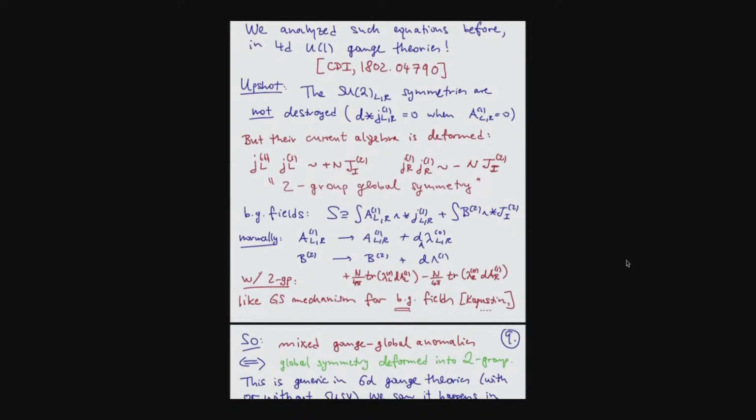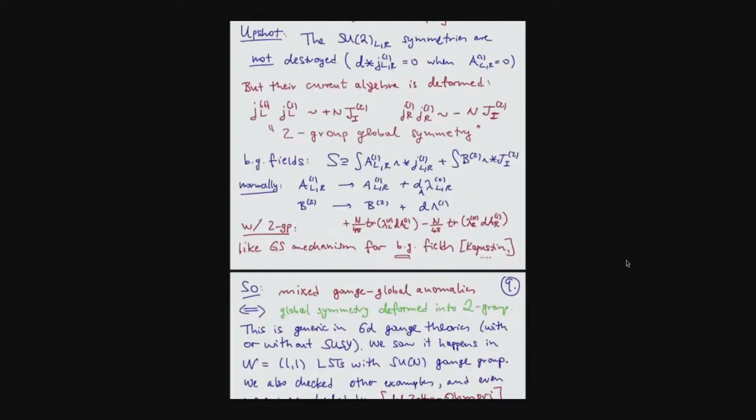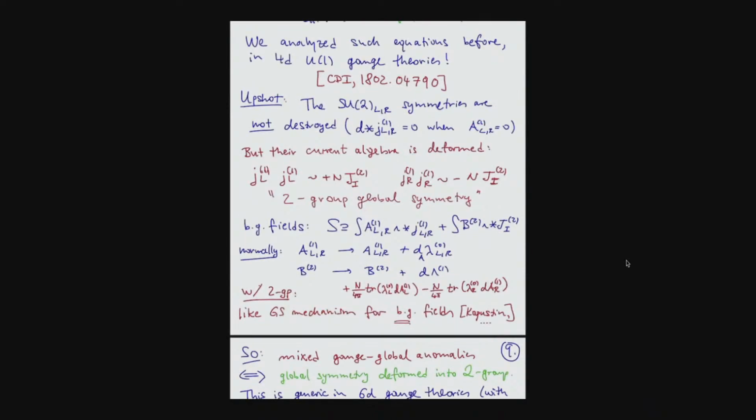Okay, now in order to reinterpret this phenomenon in a way that looks a little bit more familiar, I'm going to now couple these currents to background fields. So I already reminded you of how to do that for the instanton current before. I told you that the instanton current should couple to a background B field.